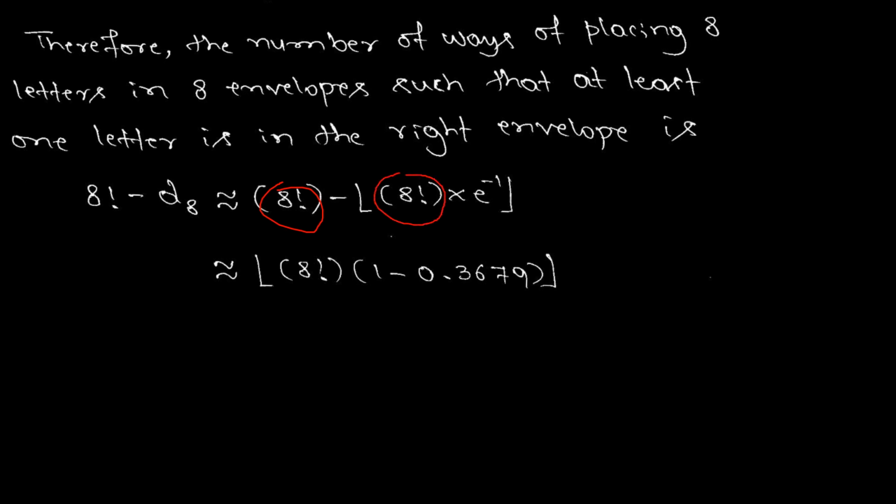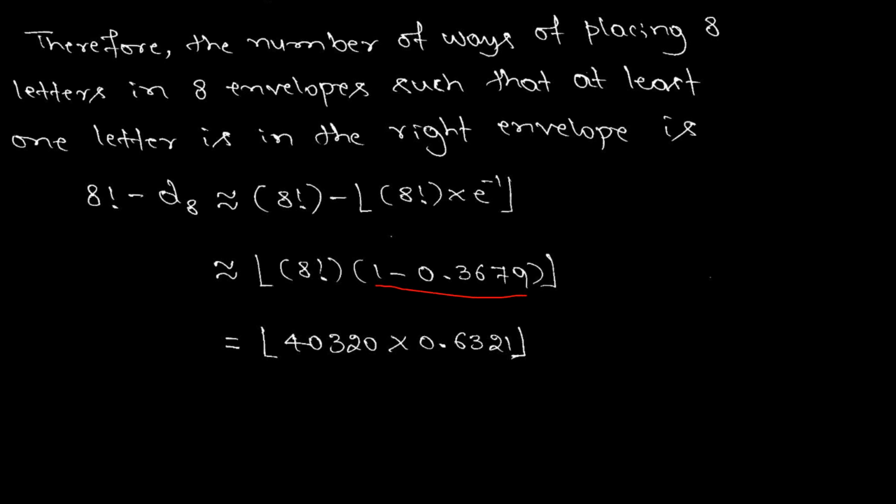We have taken 8 factorial outside, and here what remains is 1 minus e to the power minus 1. E to the power minus 1 value will be this. We just simplify this and multiply with 8 factorial using the scientific calculator and take the floor function.